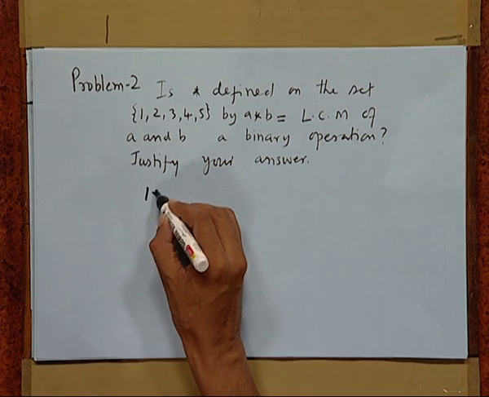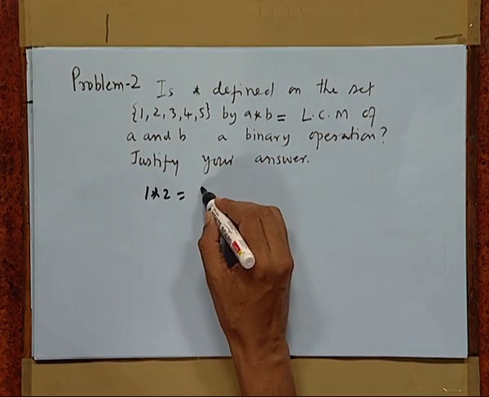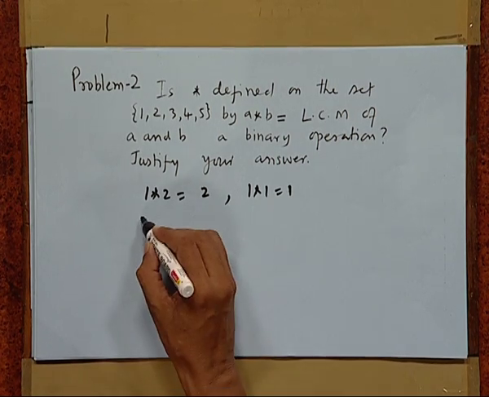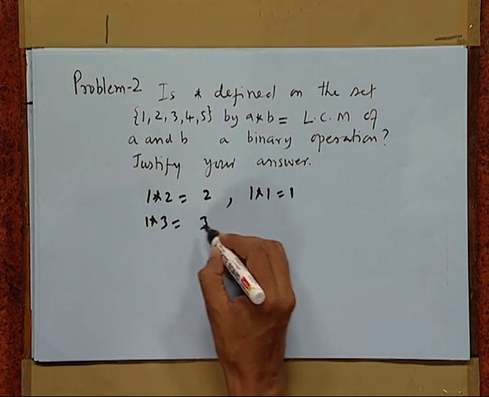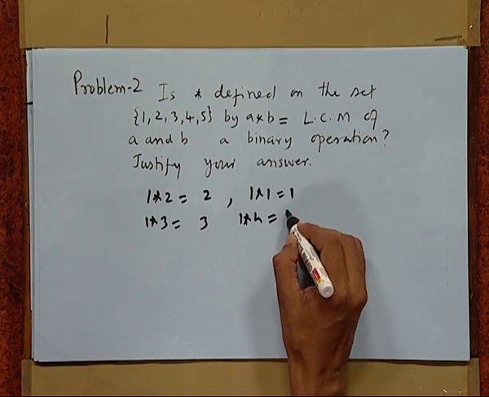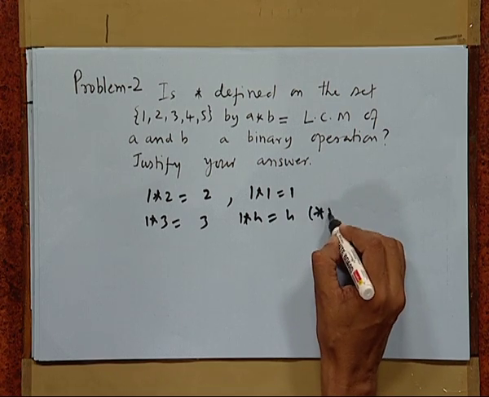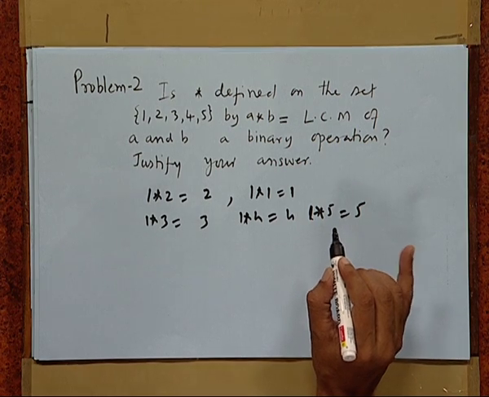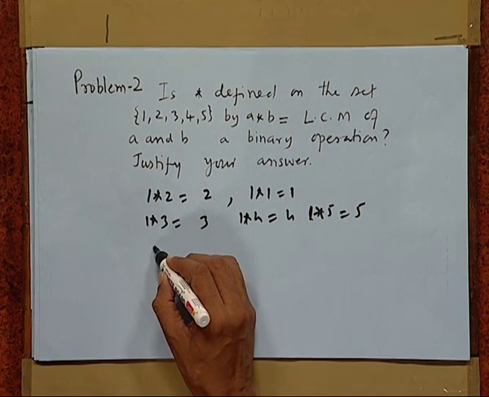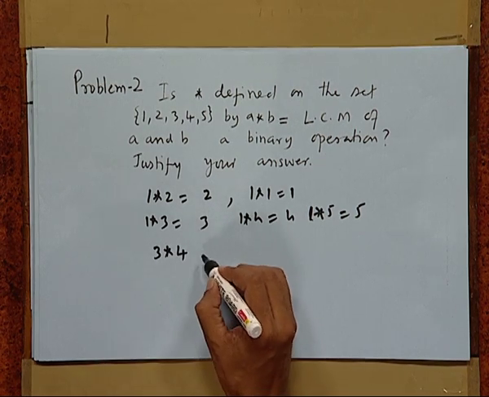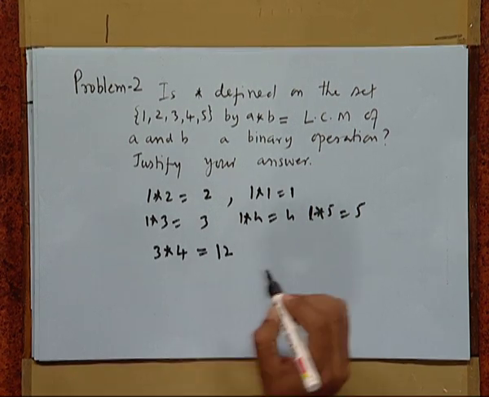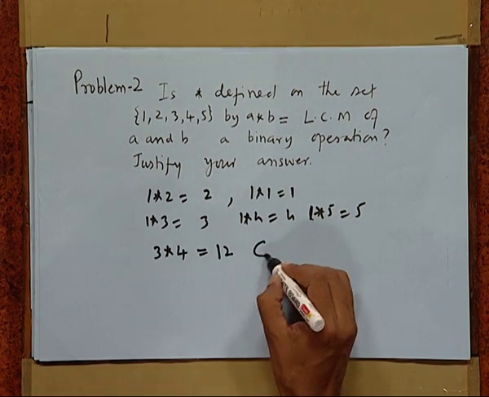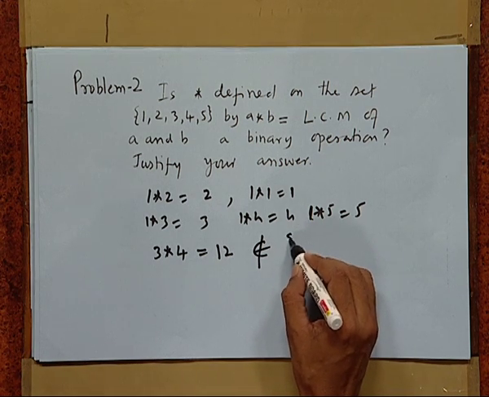Here A star B is the LCM of A and B. So, 1 star 2 is 2, 1 star 1 is 1, 1 star 3 is 3, 1 star 4 is 4, 1 star 5 is 5. So far we have no problem. But as soon as we go for 3 star 4, this is 12, because the LCM of 3 and 4 is 12, but 12 does not belong to the given set.